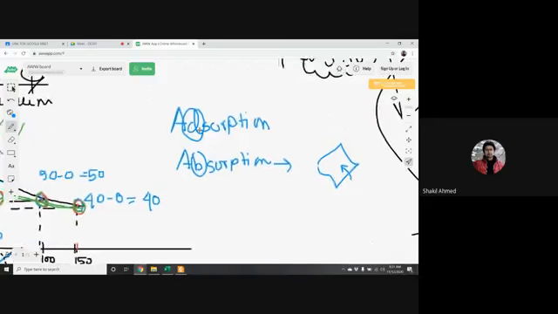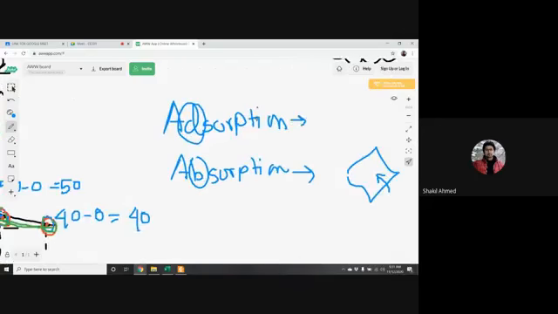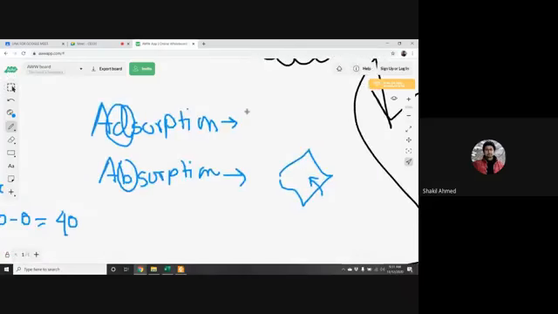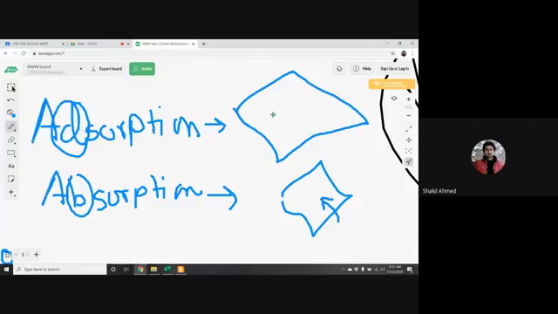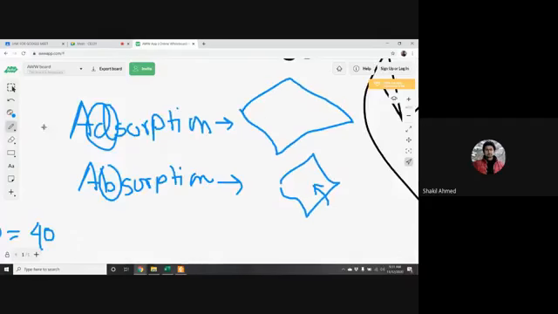And adsorption is, for example, there is a particle which gets attached with this fabric or anything. It gets attached. গায়ে লেগে যাওয়া. Okay?